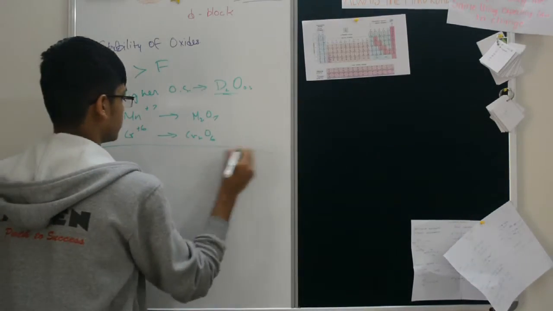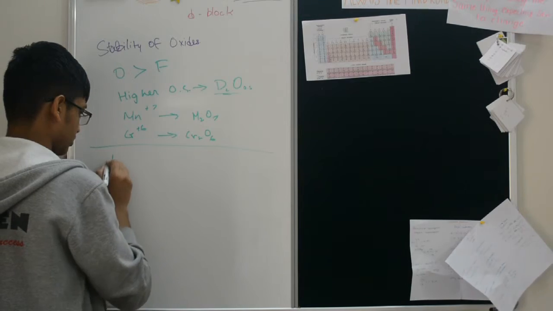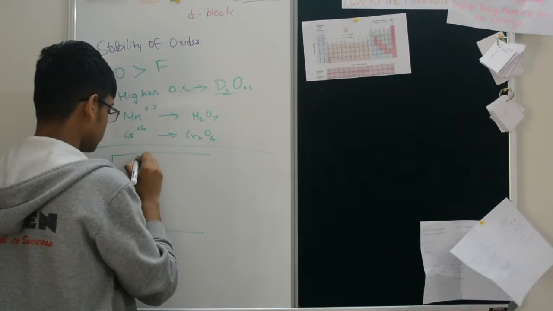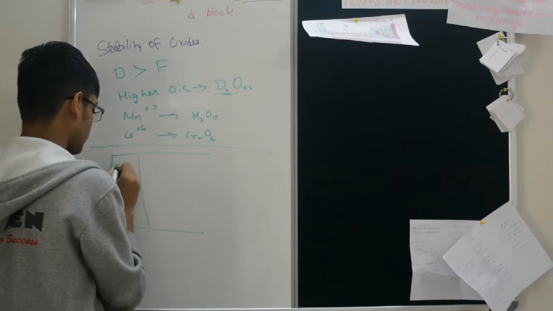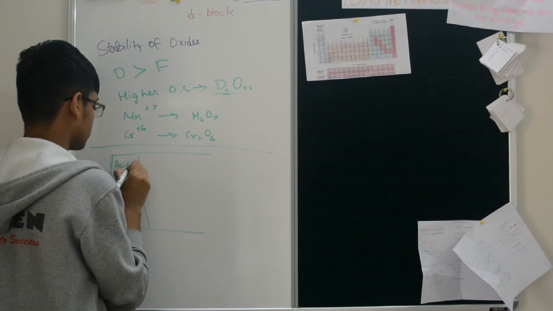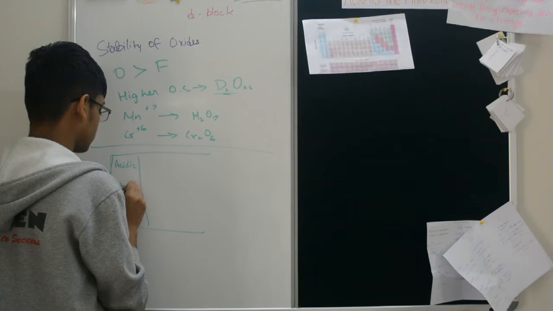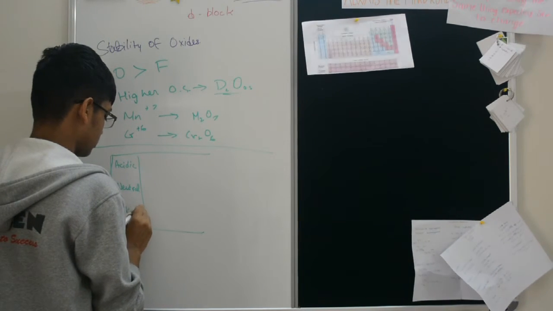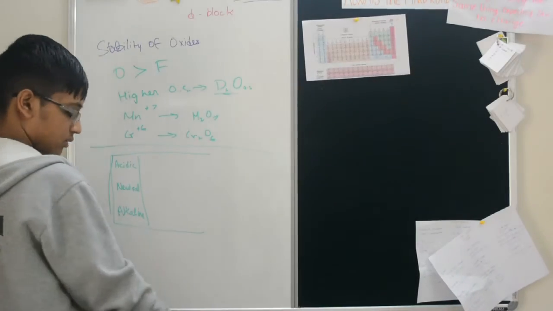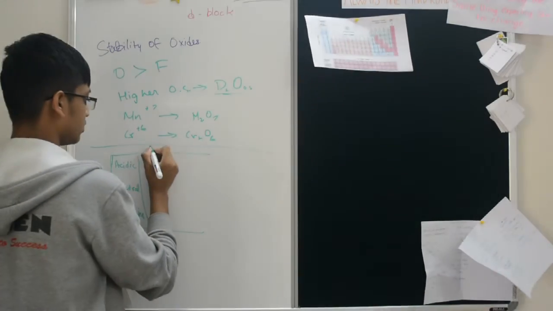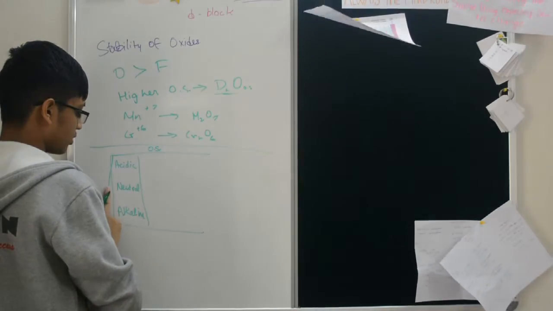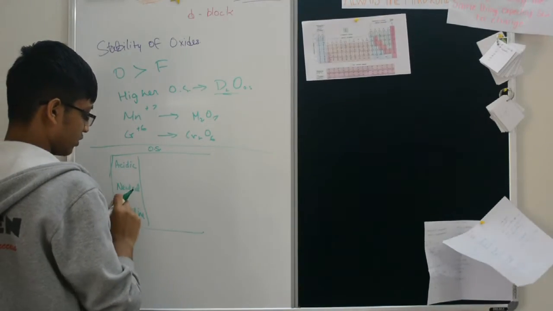And the other thing you should remember is this one small table: acidic, neutral, alkaline. Okay. So you can say the oxidation state will provide whether the metal oxide is acidic, neutral or alkaline.